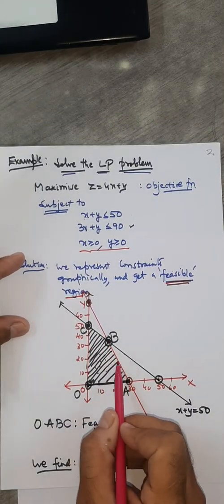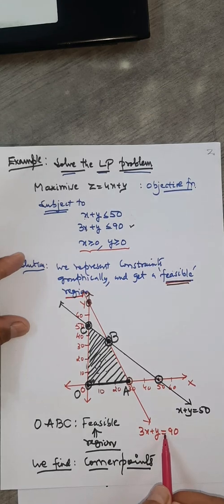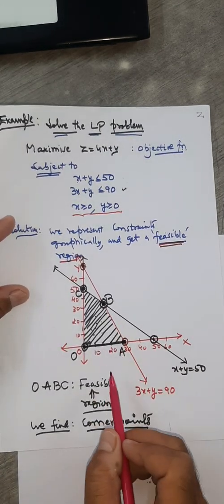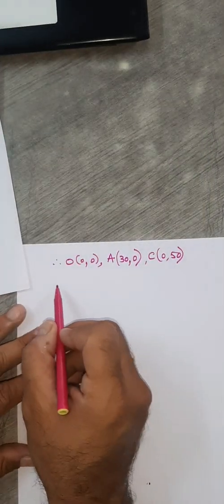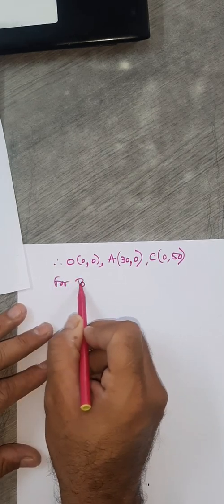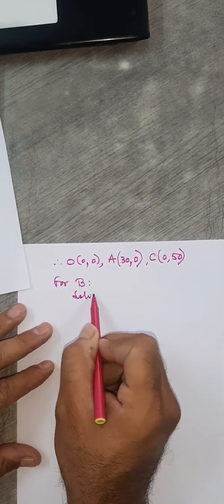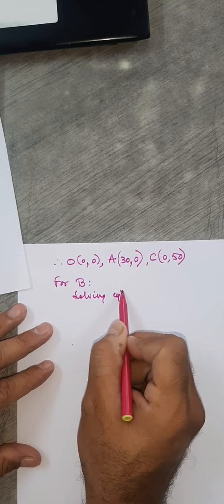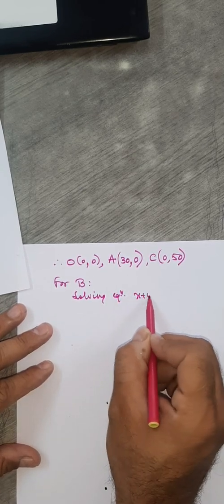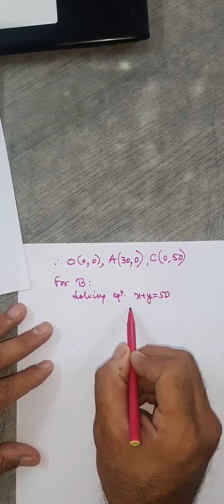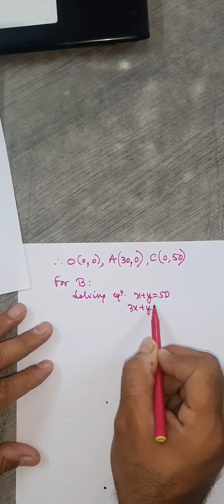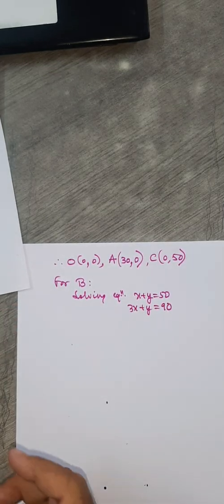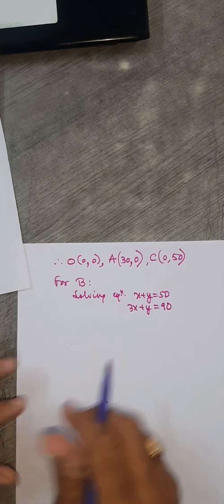Now how do we get the coordinates of B? You can see that it is the intersection of these two lines. So we solve these two equations and we'll get the coordinates of B. Solving the given two equations: x plus y equals 50 and 3x plus y equals 90. We solve by the elimination method, as we were doing.